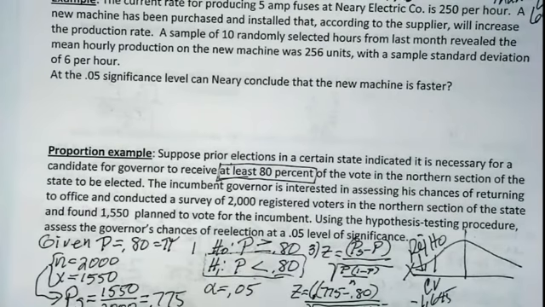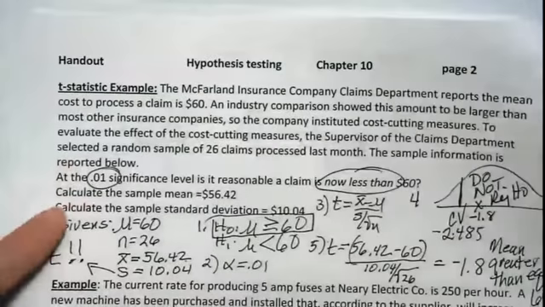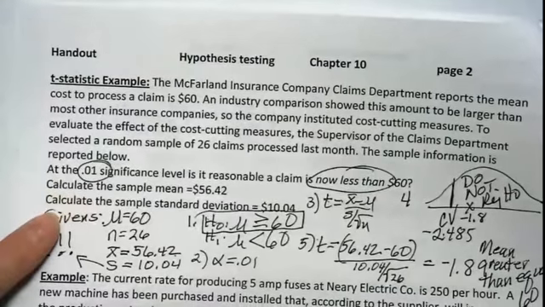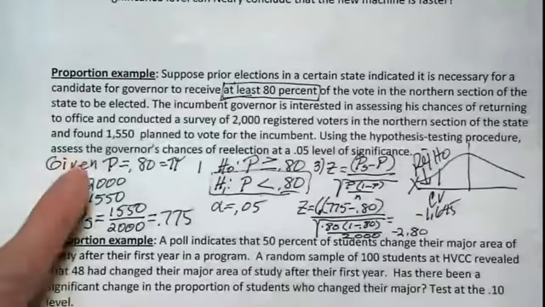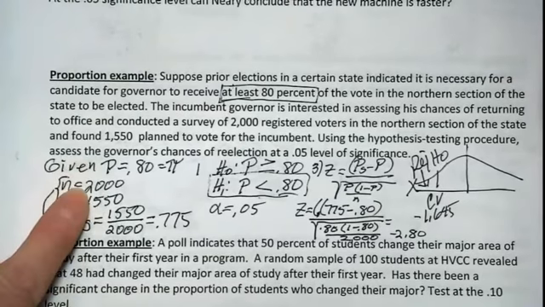So the poor guy's not going to win the election. Okay? So I've done a Z example with the desks. I've done a T example with the insurance claims. I've done a proportion example with the voting. And that will be all of that's what you have to know for chapter 10.